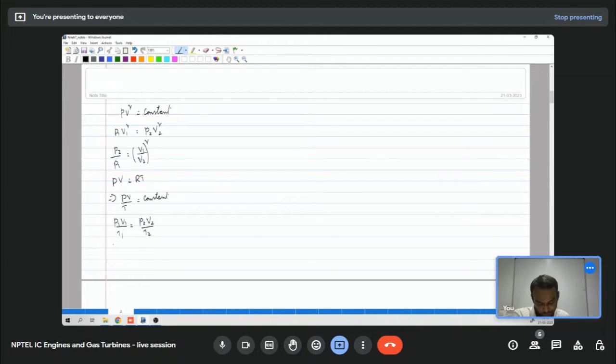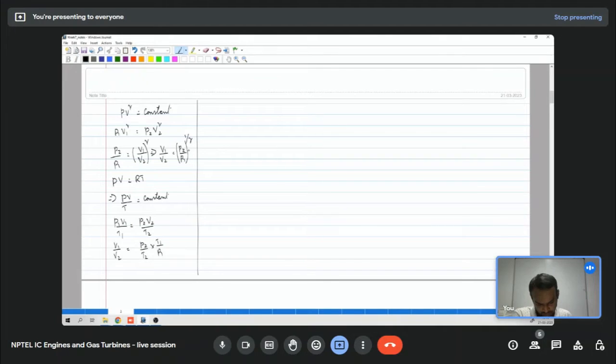Now we know V1 by V2 is equal to P2 by T2 into T1 by P1. Now I know what V1 by V2 is. So here I can write V1 by V2 is P2 by P1 to the power 1 by gamma.